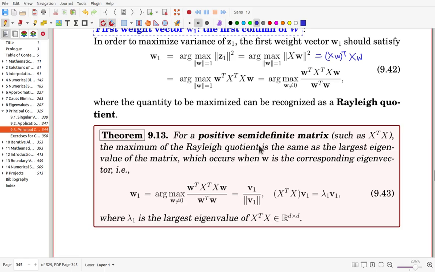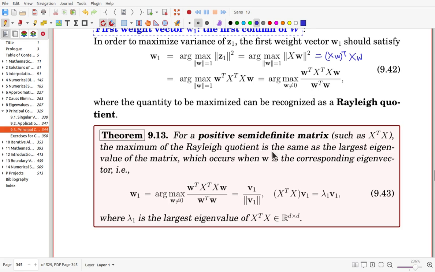For a positive semi-definite matrix, such as X transpose X, that means the eigenvalues are non-negative. If all eigenvalues are positive, then we say positive definite. But semi-definite means non-negative. For such a matrix, the maximum of the Rayleigh quotient, where X transpose X is the matrix, is given in this way.